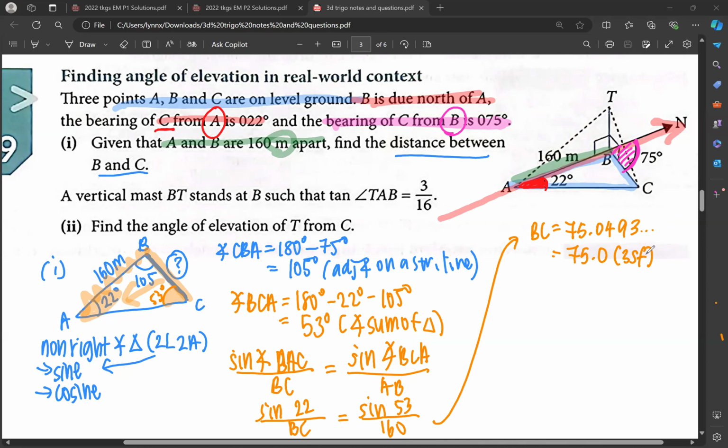Got it? I give you guys some time to copy and color code, blue with blue, orange with orange. And when you find the answer BC, always put it in your diagram right here, to remind myself that I've already found BC. Once you're done, let's move on to part 2.